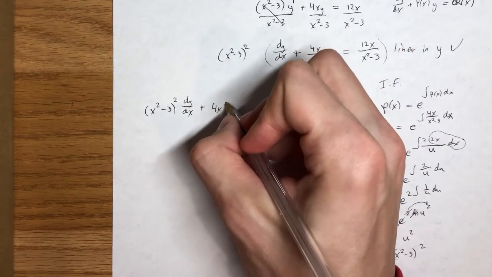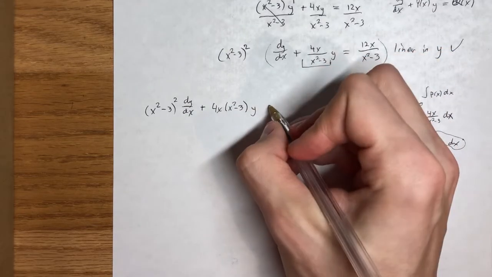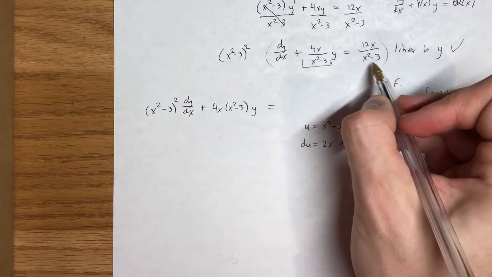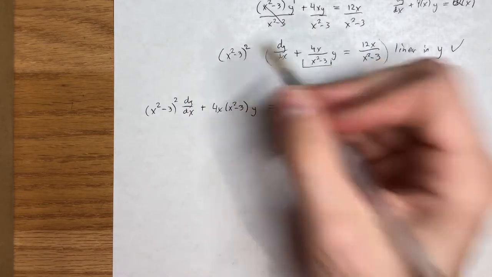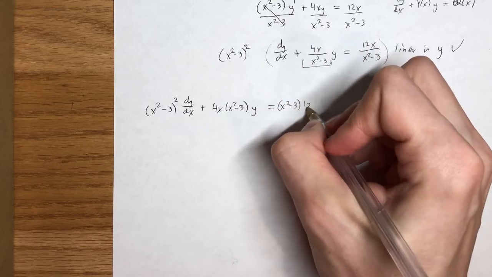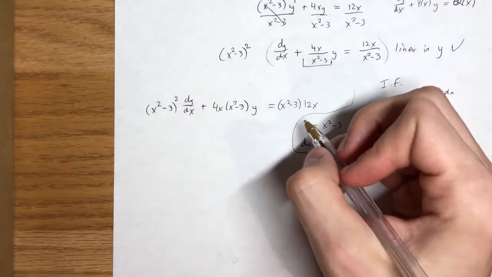So 4x times x squared minus 3, and then y stays. And then again, 1 on the bottom, 2 on the top, so one of them will cancel out, so we're left with 1 on the top. So we have an x squared minus 3, 12x. Get that on that side.